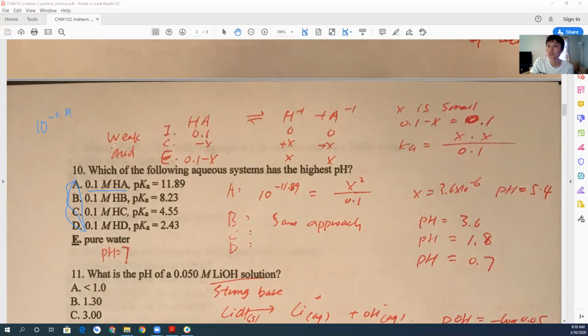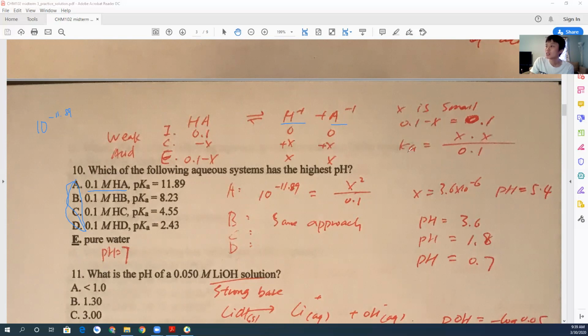That's a very small number, so we can assume that X is very small. Ka is given, so that will be equal to the equilibrium concentrations of X, the proton and the conjugate base, X squared divided by 0.1. We assume 0.1 minus X is close to 0.1.